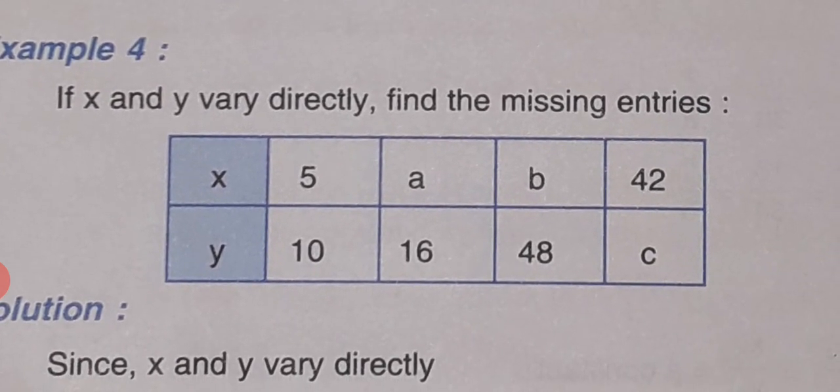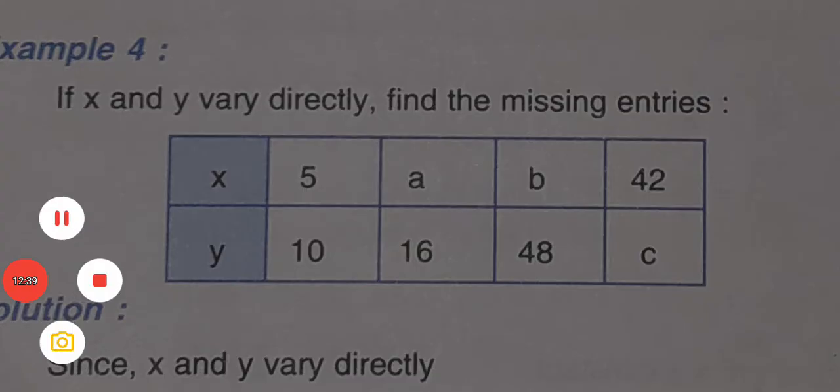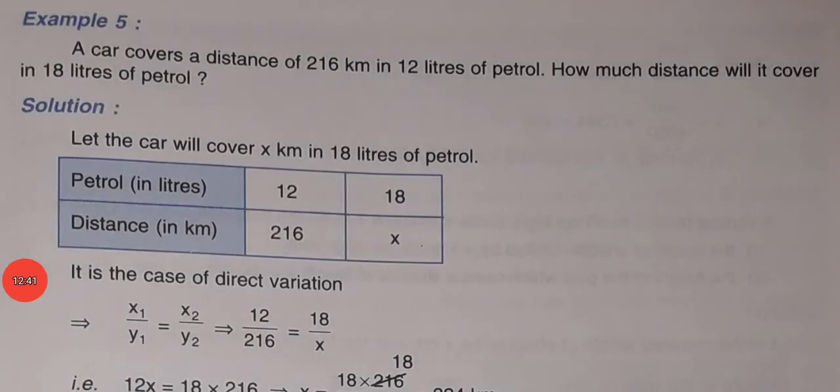Similarly, I think you can solve this problem, as x and y are in direct variation. You have to find the missing entries, that means the values of a, b and c. I think you can solve. Coming to the next example, example 5 says a car covers a distance of 260 km in 12 liters of petrol.